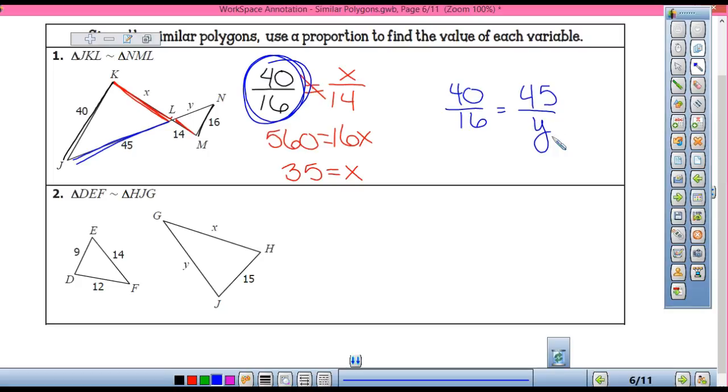So be careful what's going on top and what's going on bottom. Okay? No confused? No? All right. So 40y equals 720. Y is 45.